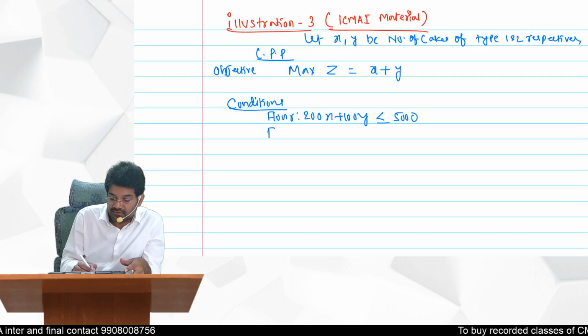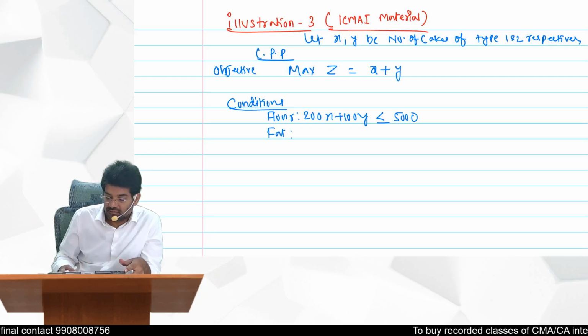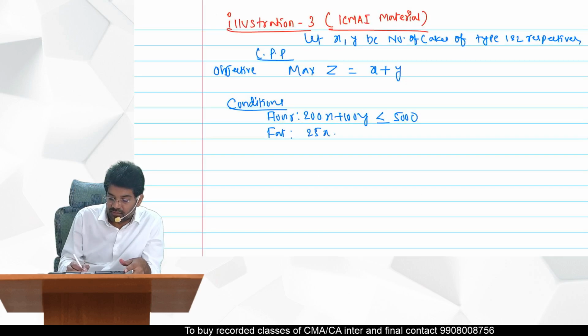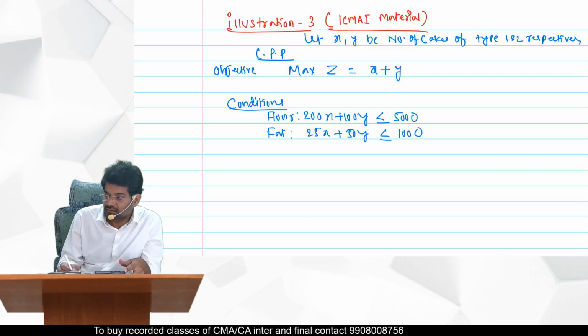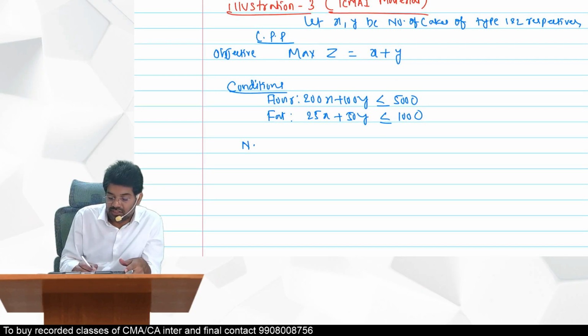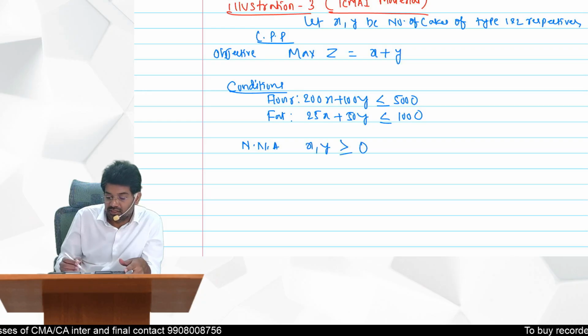Next, fat. 25x plus 50y less than or equal to 1000. And finally, non-negativity assumptions. Your x comma y must be greater than or equal to 0.